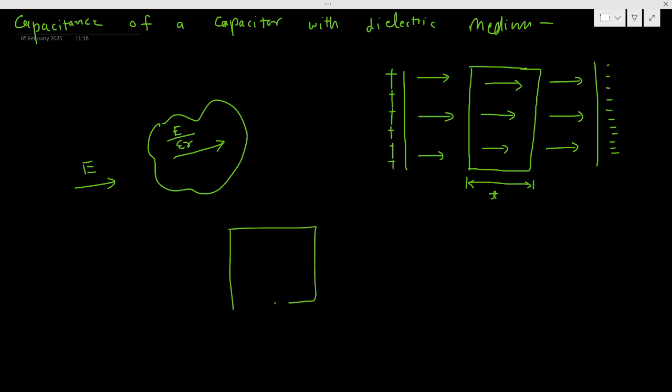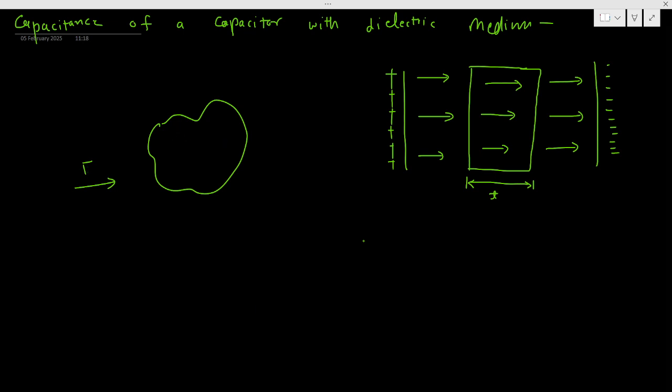Like this is the slab, and when the electric field enters from air, let's say the electric field in air is E, then inside the medium we have E by epsilon r. Whenever the electric field enters a medium, its magnitude decreases by a factor of epsilon r, so you divide E by epsilon r. Now we'll continue with the question.